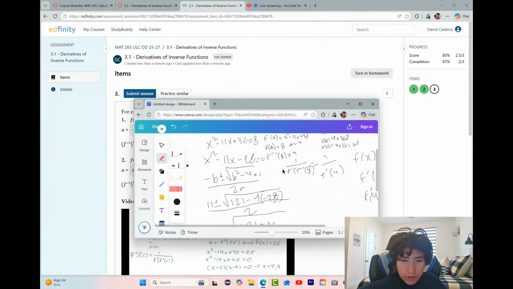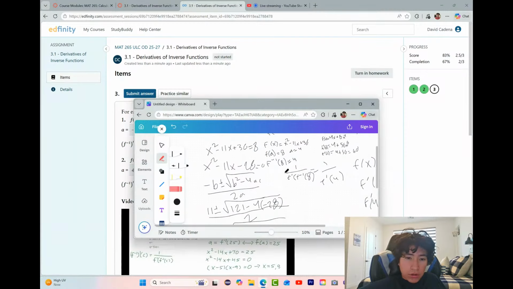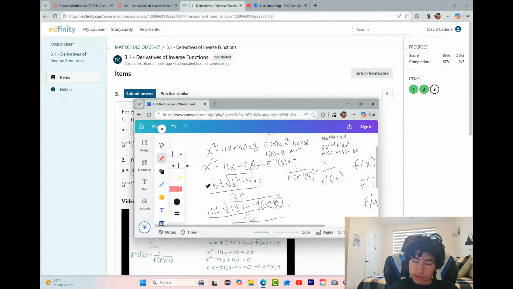No. I mean, yeah, the quadratic formula obviously works. Okay, we have 11. 11 squared is 121 minus 4 times a, and a is 1. So minus 4 times c, negative 28. Minus 4 times negative 28, that's 112.